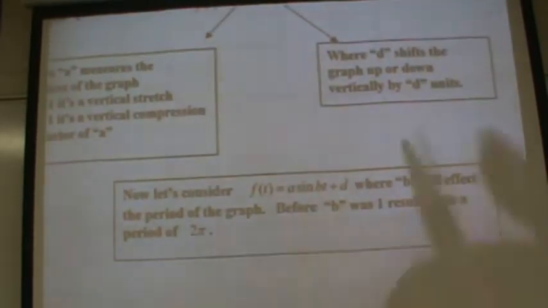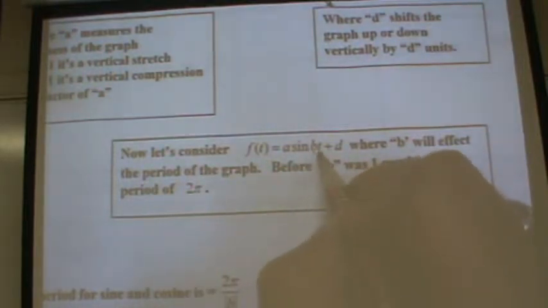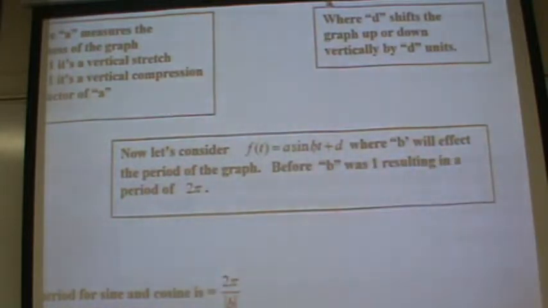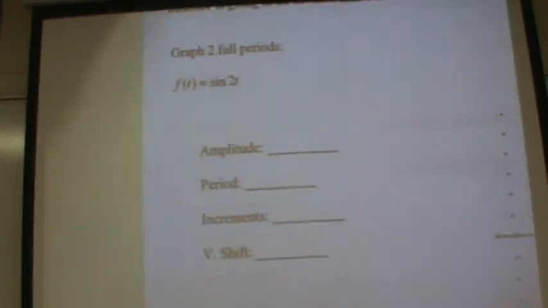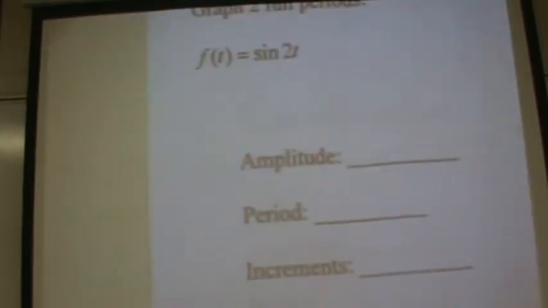Where is the B value going to be? The B value is going to be the number in front of your x or your t. Sometimes we use x, sometimes we use t. So this is what I want you to understand here. Check this out. We're going to do this example together. Can anyone tell me what the A value is?